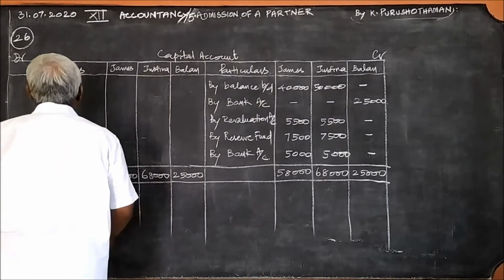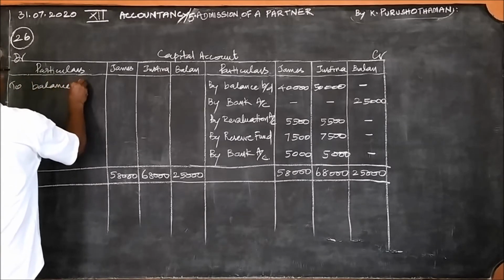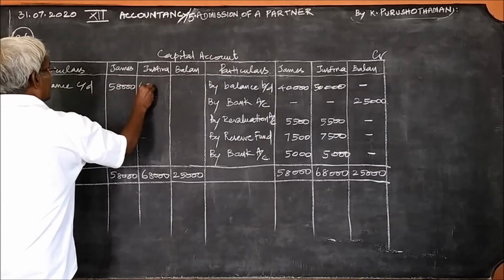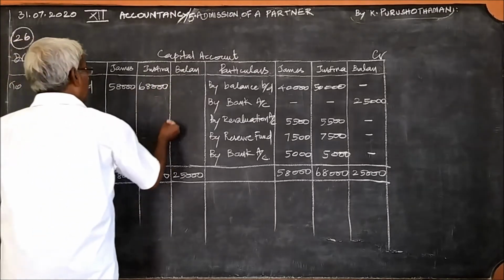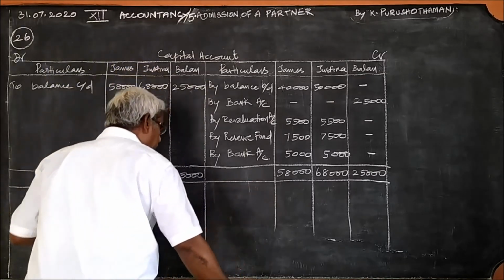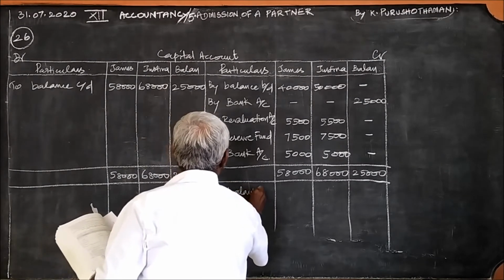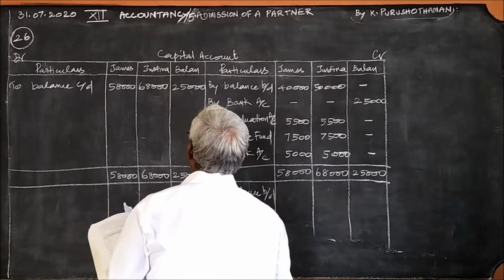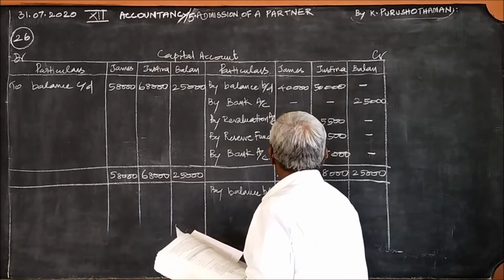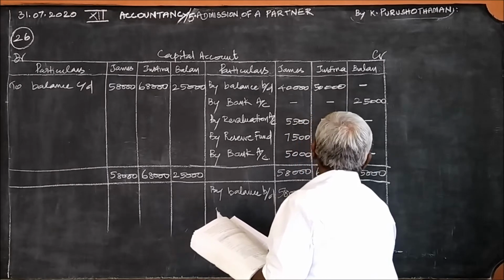The same amount goes under balance carried down: 58,000, 68,000 and 25,000. The same thing on the opposite side by balance brought down: 58,000, 68,000, 25,000.